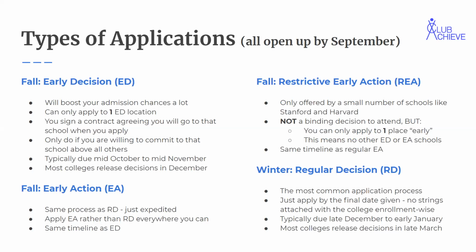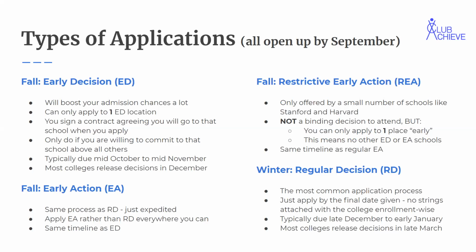And then early action, this is personally what I tried to do for my college process in as many colleges that offered it. If you plan out your college application timeline correctly and you start thinking about it in the summer after your junior year, then you're probably going to have an idea of what colleges you want to apply to.